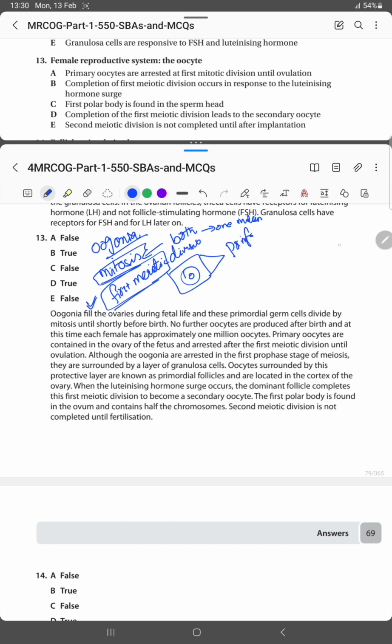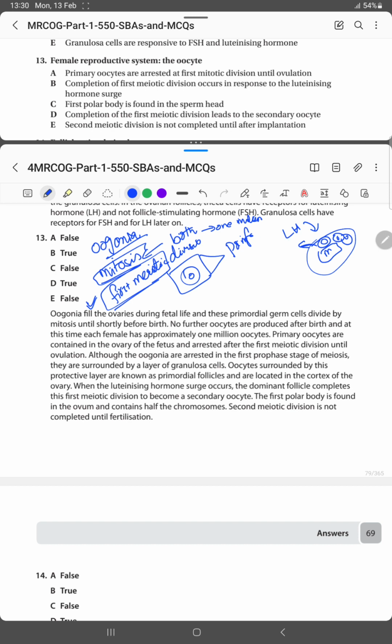These primordial follicles are present in the cortex. This is the cortex, this is the medulla, the cortex of the ovary, and here there are 1 million oocytes. And what happens next is that when the luteinizing hormone acts on the ovary, the dominant follicle completes the first meiotic division.